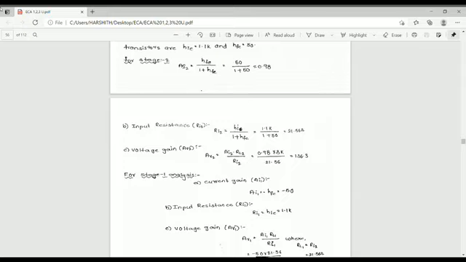The overall current gain AIS equals I0 by Is, which becomes minus 43.9.